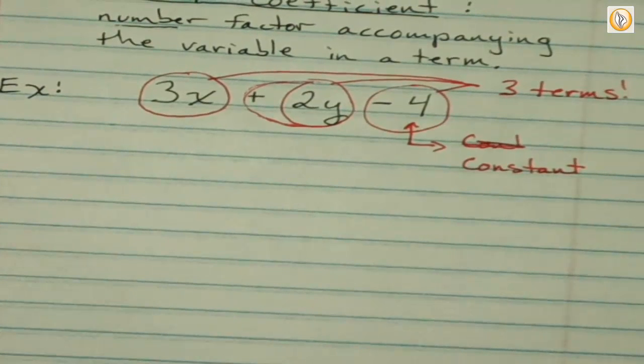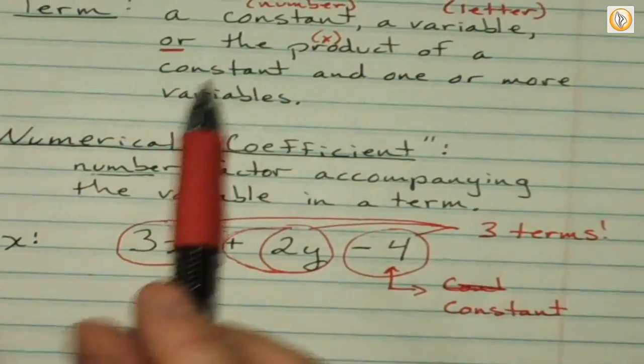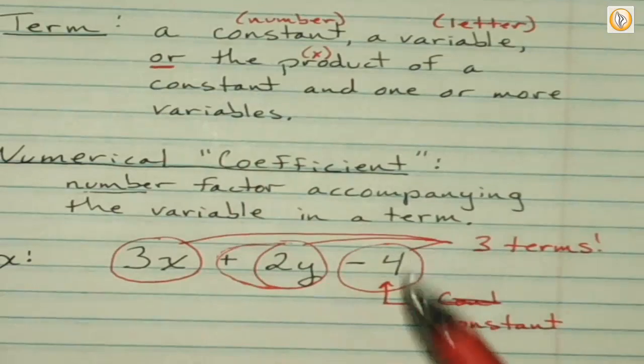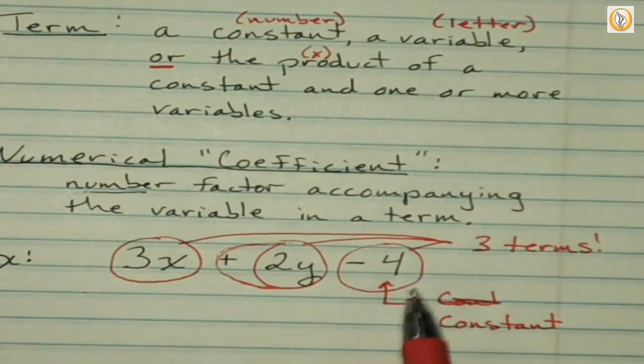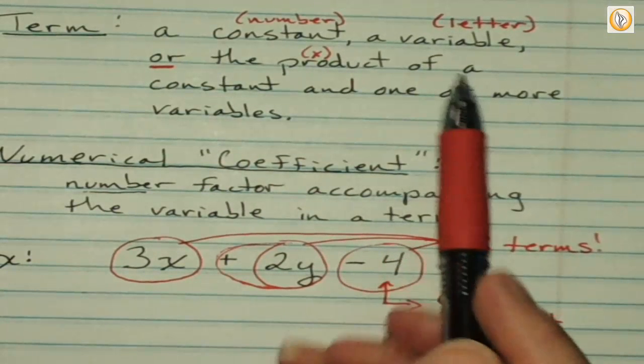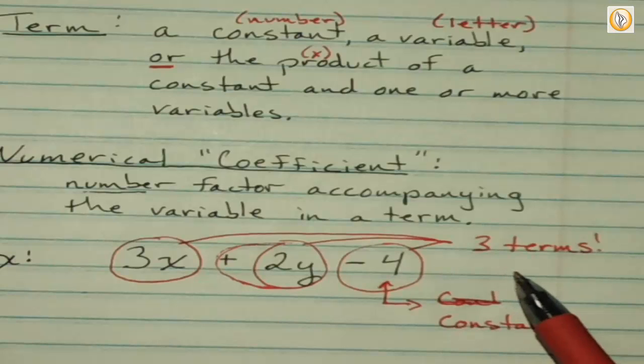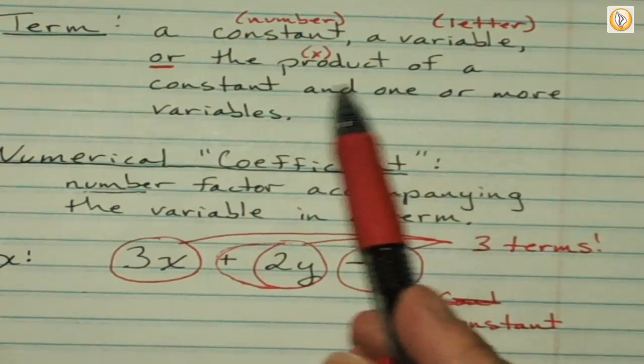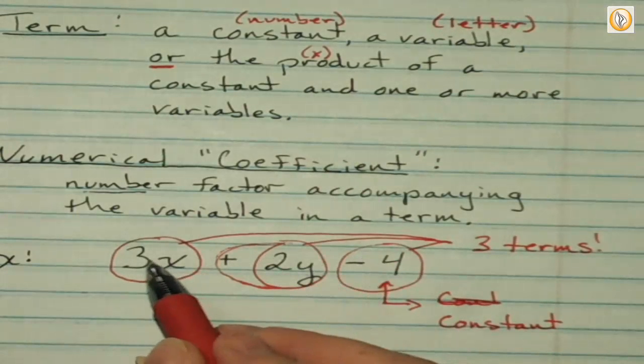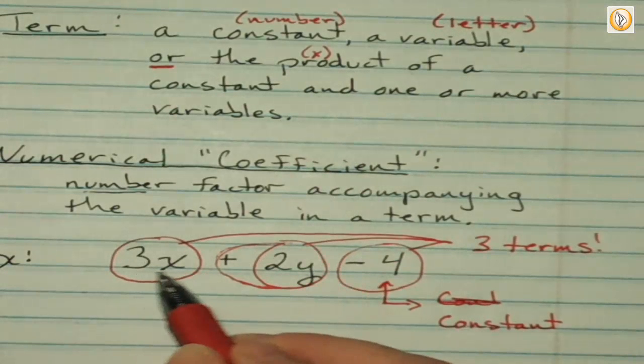First let's talk about terms. Up here it says a term can be a constant. Well, there's your constant all by itself, so that is a term. It could be a variable. Well, we don't have a variable by itself, but if I just had plus a, that would be another term, your variable. Or the product of a constant and one or more variables.